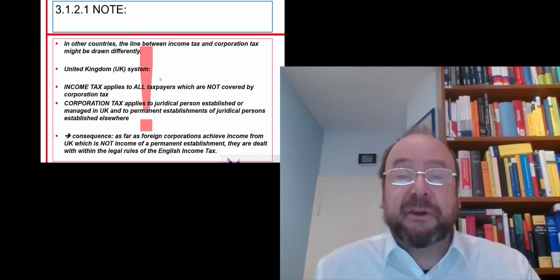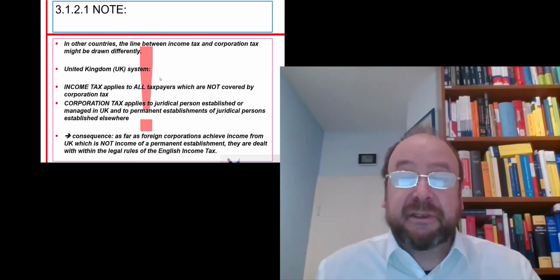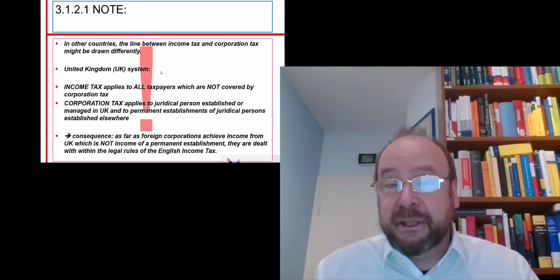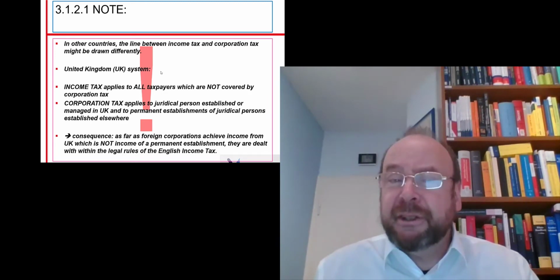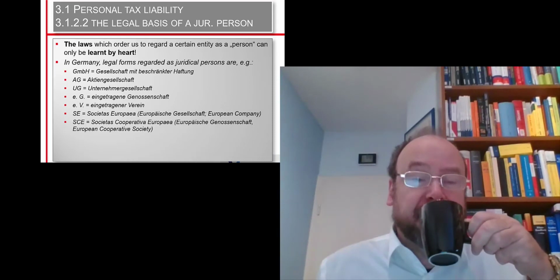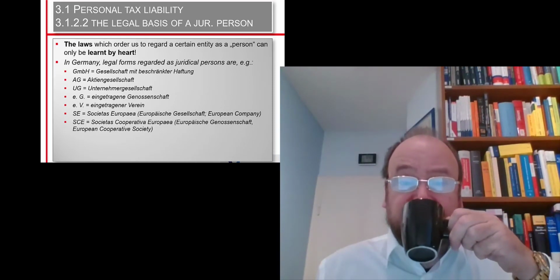You cannot automatically trust, with 200 different countries and cultures in the world, that all have the same lines drawn between the two kinds of taxes, like the Germans. That seems to be clear to me. But very often you will find this is the line. Good. Now let's again concentrate on what can be a juridical person.